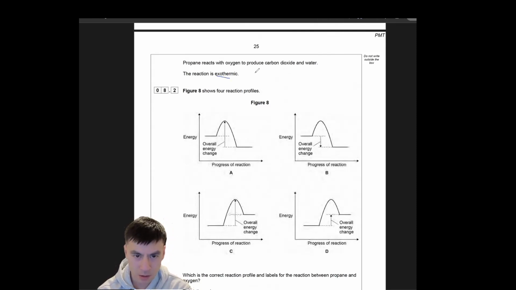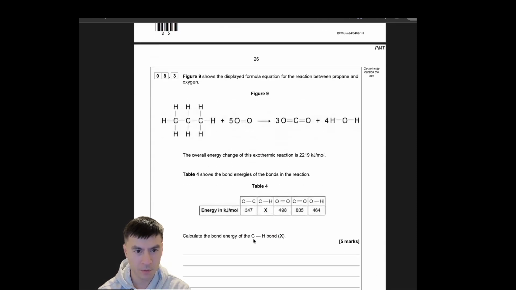That means delta H is minus, because it's exothermic, so it must go down. These all go up. Oh, so it must be B. OK, exothermic, delta H minus, goes down. My product is lower in energy compared to my starting material. B, just look at this, no need to look at the others, they all go up up up and are already wrong. Take B.